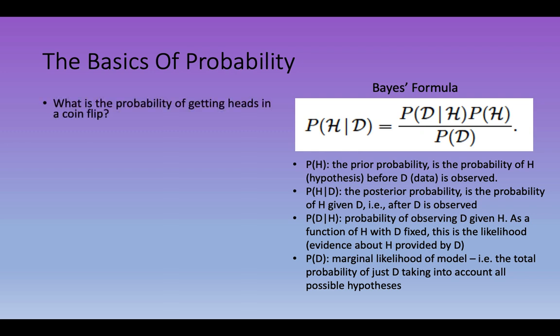The common example here is the probability of getting heads in a coin flip. We love coin flips in probability examples. There are two ways to think about it. There's the traditional way, where we say, yeah, it's 50%. That's the probability of getting heads if it's a fair coin.